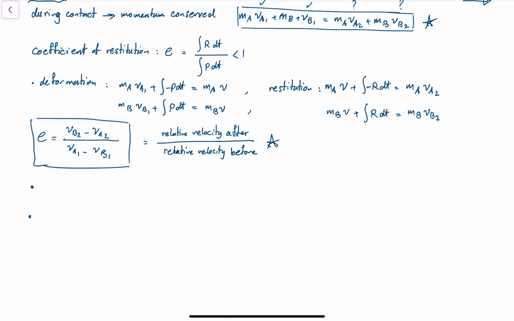So two very important impact conditions. The first is when e equals 1. That is what we call purely elastic impact. In this case, the relative velocity after is going to be exactly the same as relative velocity before.